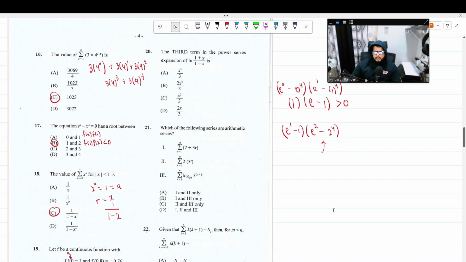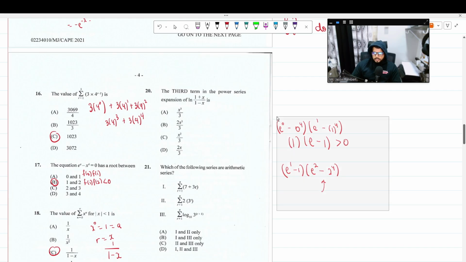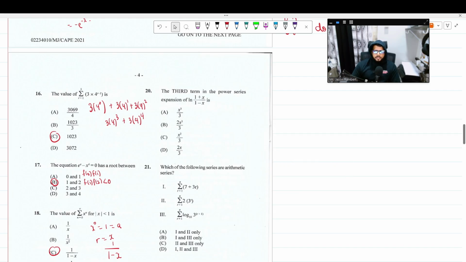The third term in the power series expansion of ln of 1 plus x over 1 minus x. This was the question I was talking about. Now, there's a standard expansion for the logarithmic function, right?